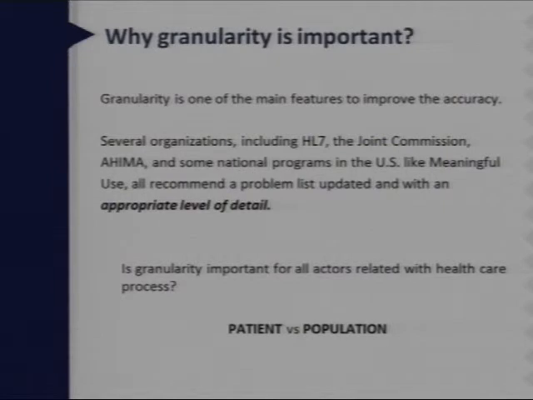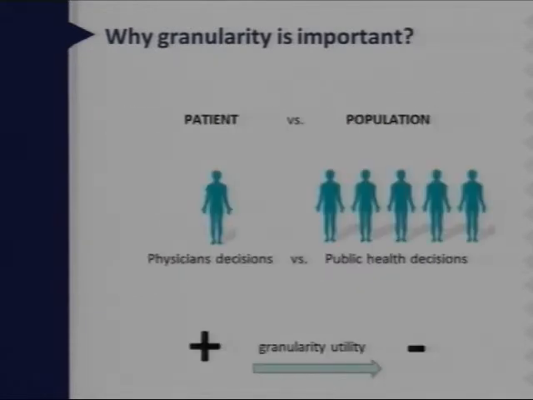We can think about this consideration as patient versus population. If you think about a particular, specific patient, maybe you need more detailed information. You, as a physician, need to make decisions for a specific patient, and more detail could be more beneficial for this patient. If you're thinking about the population and you are making public health decisions, maybe more aggregate data could be more useful.